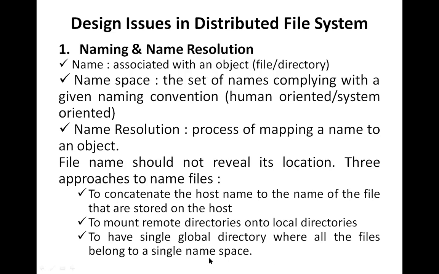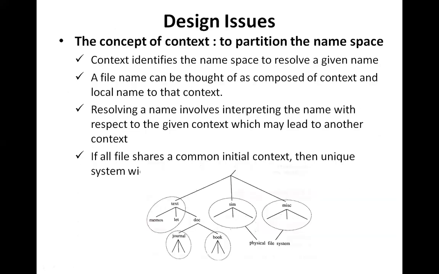It is a good scheme, which is suitable only for a single computation facility. So this is about naming and name resolution. The second concept is related to the concept of context.